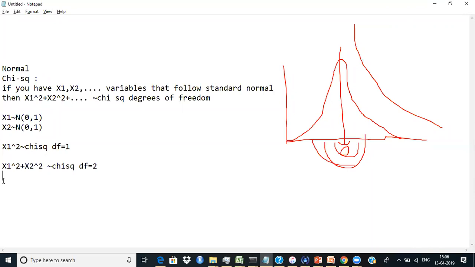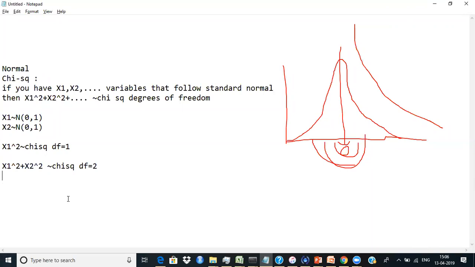If you are squaring two normally distributed variables and adding, degrees of freedom is 2. If you square a single standard normal, you get chi-square with 1 degree of freedom. If you square two normally distributed variables and add them, you get chi-square of 2 degrees of freedom, and so on.